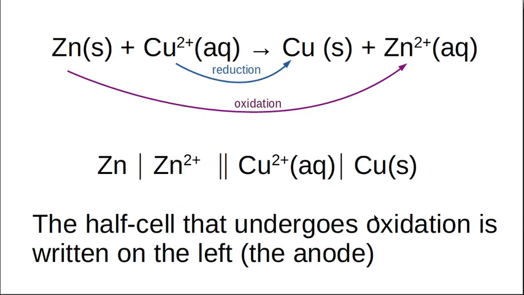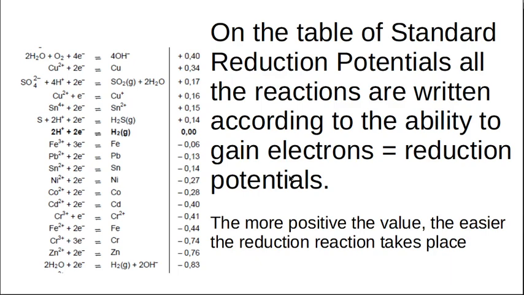So the oxidation is on the left, the anode. Oxidation on the left at the anode. Reduction on the right. Maybe it's easier to remember reduction on the right. Remember that in your table, the reactions are written according to the ability to gain electrons, which is the reduction potential.